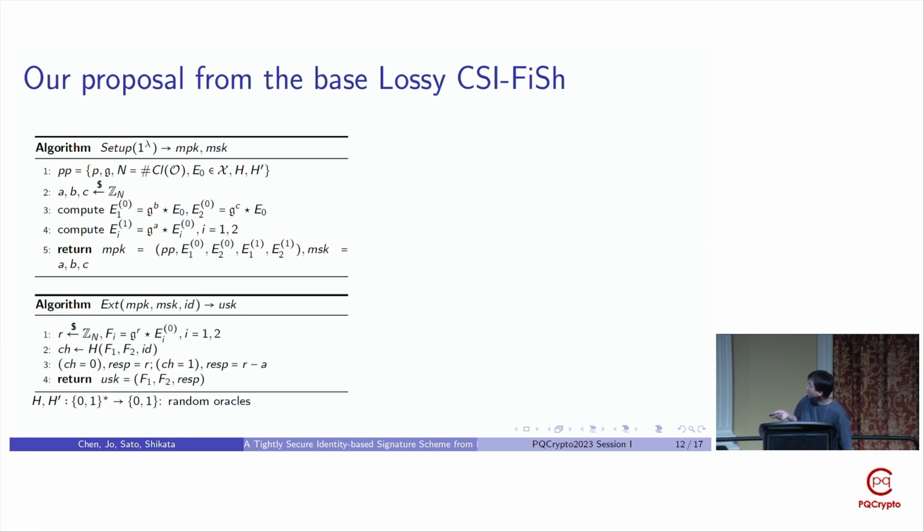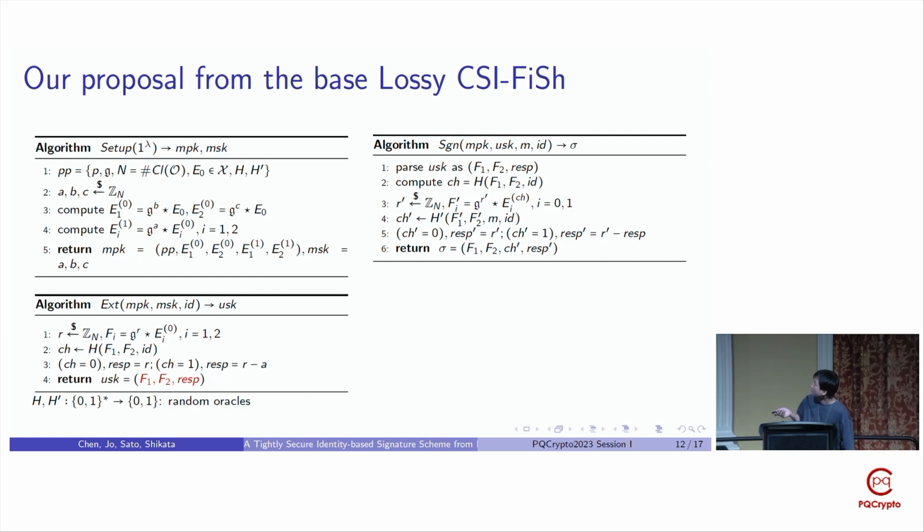The extract algorithm uses the master secret key to generate a signature of the base lossy CSI-FiSh for ID, and then uses it as the user secret key. The signing algorithm uses the response in the user secret key to generate a signature of the base lossy CSI-FiSh for the pair of message M and ID.